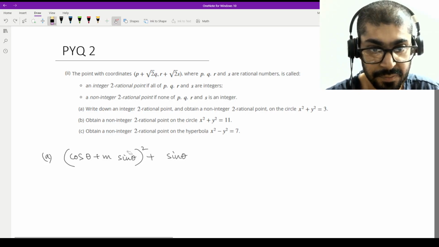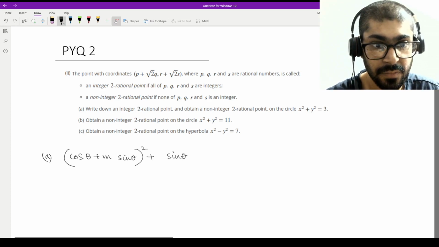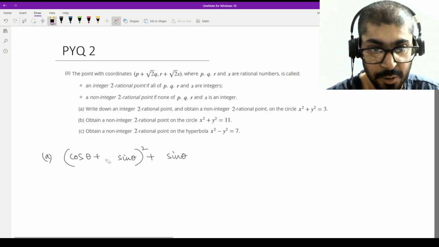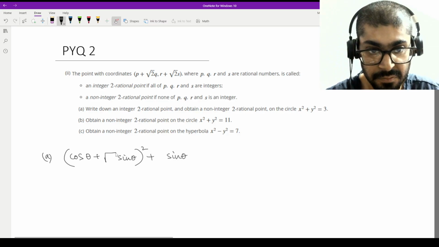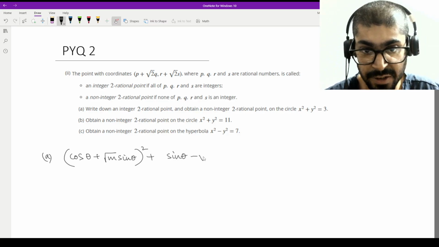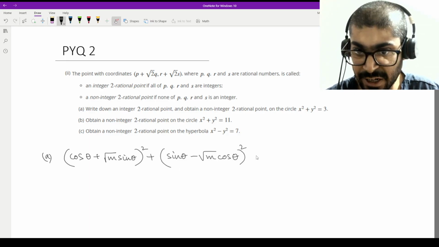Here the square root was on m, right? We simplified this in the earlier parts and we got this to be 1 plus m.